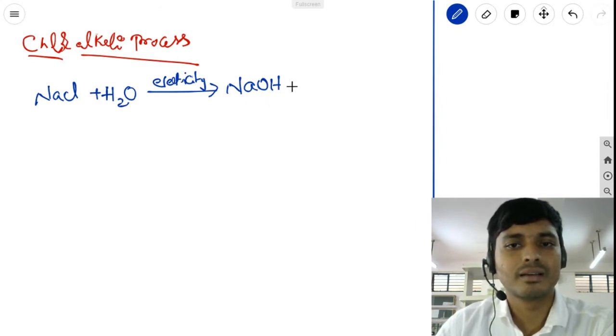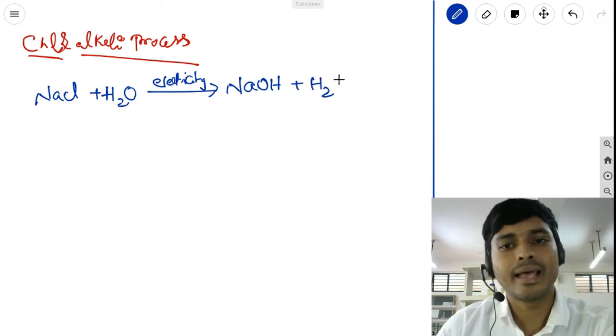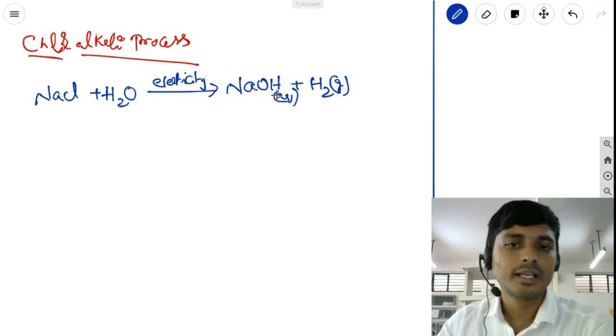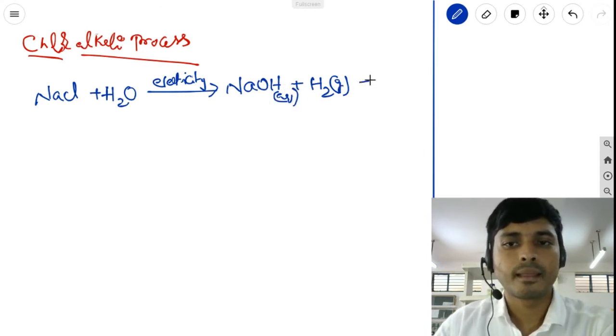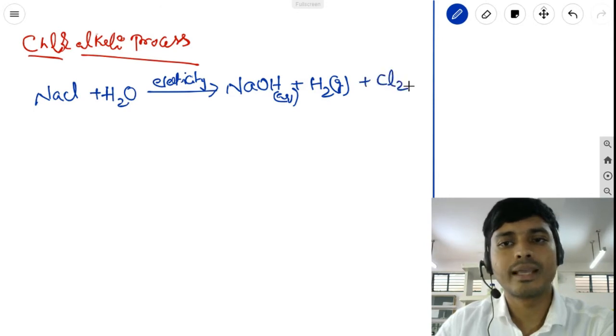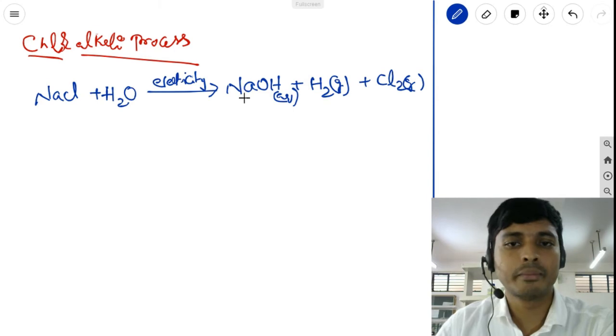Bases are called alkalis. So sodium hydroxide, and H2 gas you get. This is the aqueous one, inside water only, as the sodium hydroxide is a solid and will be in water. And chlorine gas is the gas also. So sodium hydroxide, hydrogen and chlorine, three products you are getting from the cheapest material, sodium chloride.